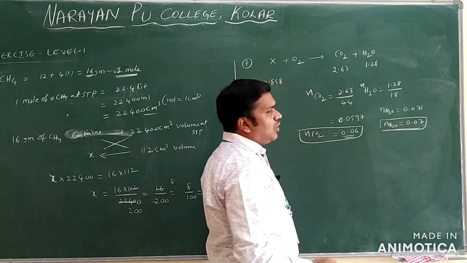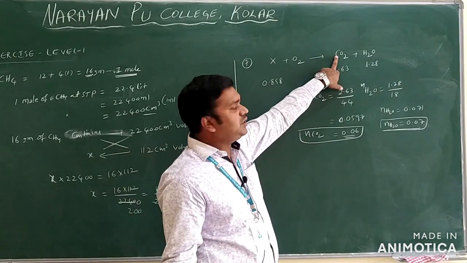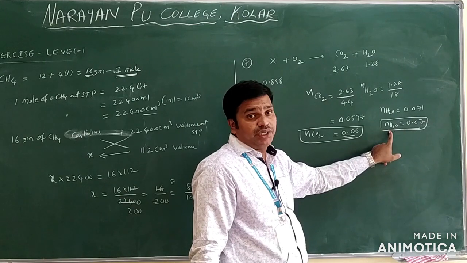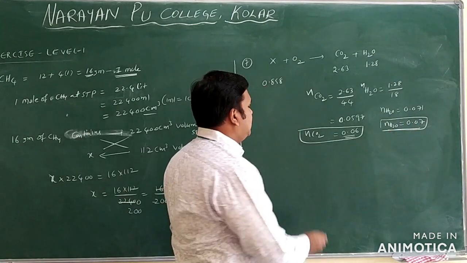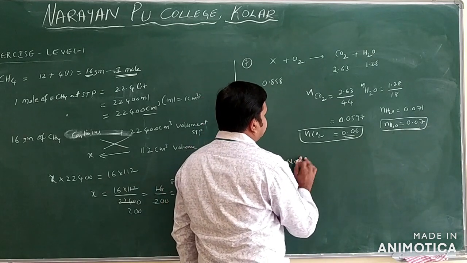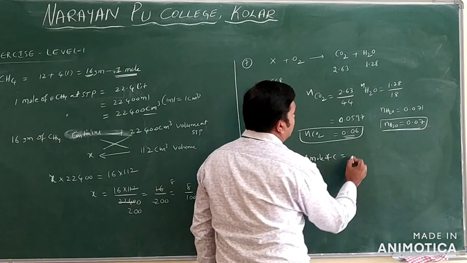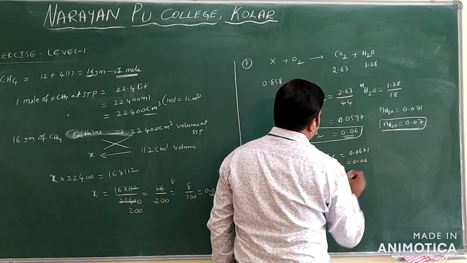Okay. Now, how many carbon atoms are there in CO2? Only one. In H2O, how many hydrogen atoms are there? We have 2 only. So we multiply the number of moles with its atoms. The number of moles of carbon is 0.06 into 1, that is 0.06 only.